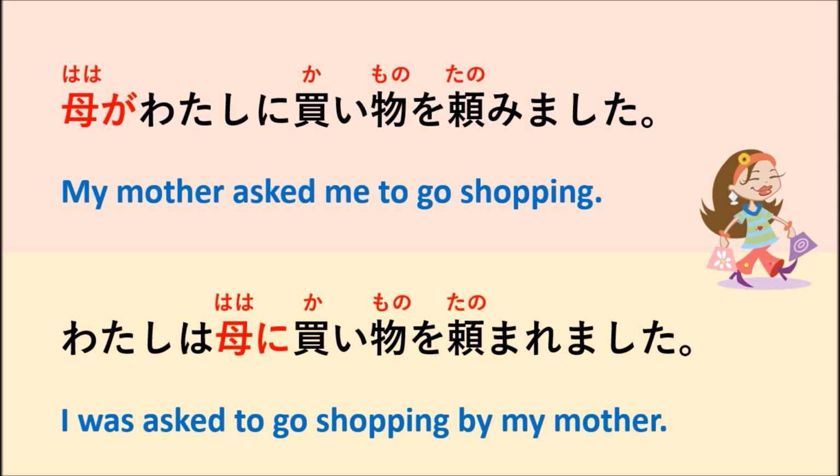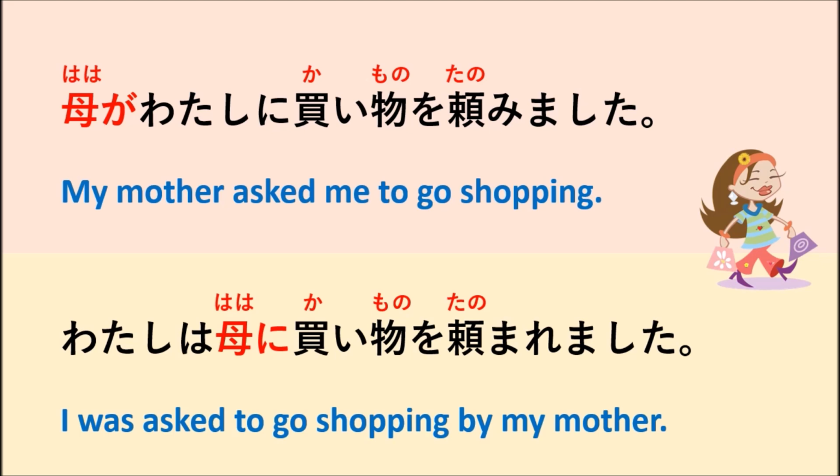Tanomimashita or tanomu is the verb in the dictionary form or the masu form. But the second sentence has Tanomareru, which is the verb in the passive form. So we change the active verb to the passive verb. So Tanomareru and Tanomimashita are different. This means that when you use them is quite different.